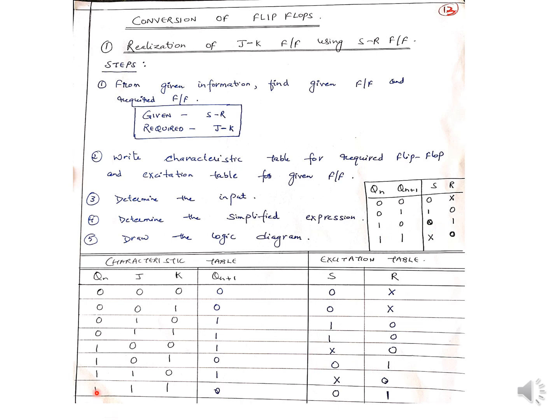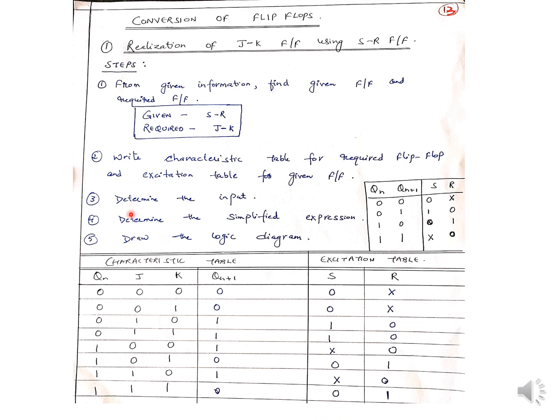Now here Qn is 1 and Qn plus 1 is 1. So for 1 and 1, S and R is cross and 0. So I have written here cross and 0. Now in the last one, Qn is 1 and Qn plus 1 is 0. So what is S and R? It is 0 and 1. Okay, so we have finished the excitation table from the characteristic table.